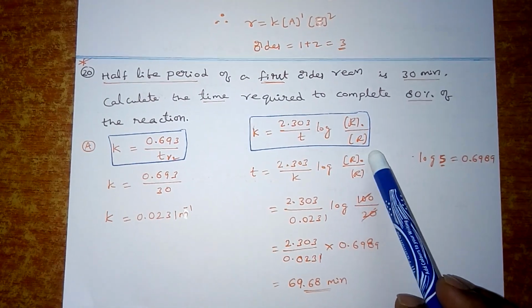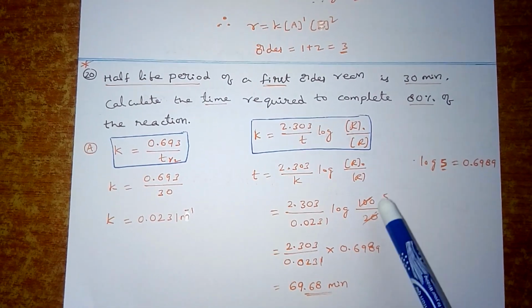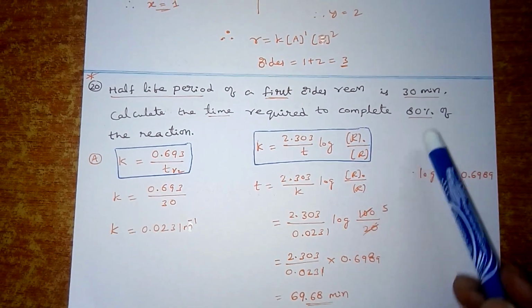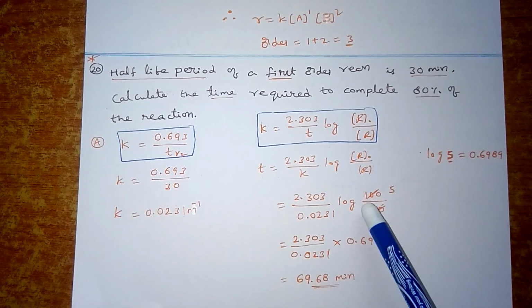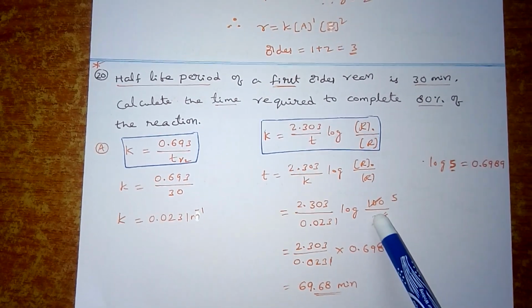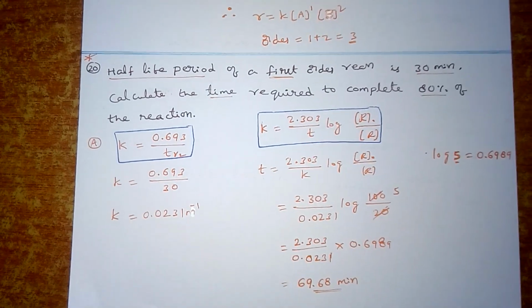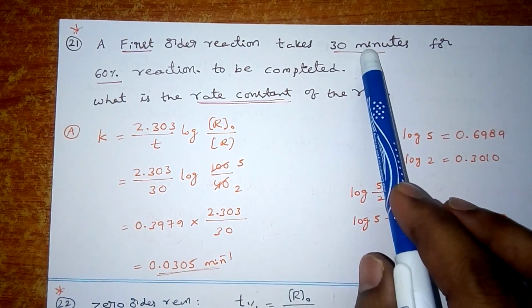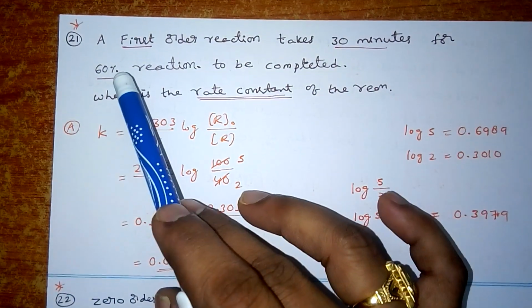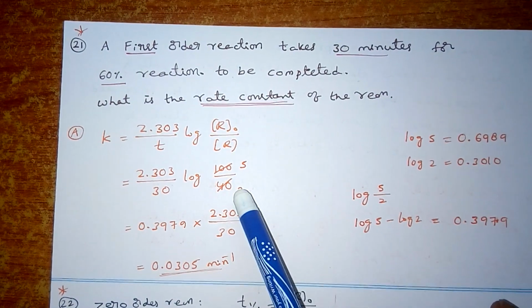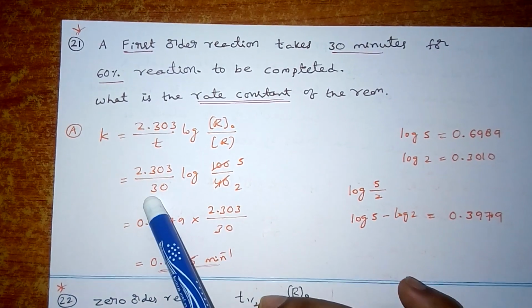[A]0 is the initial concentration, you can take it as 100, and 80% completed, so what remains is 20%. If you substitute, you will get the answer. Next, here time given is 30 minutes, right? So how much reaction completed? 60%. So 100, 60 completed means remaining 40. Time 30. If you solve, you will get the answer.